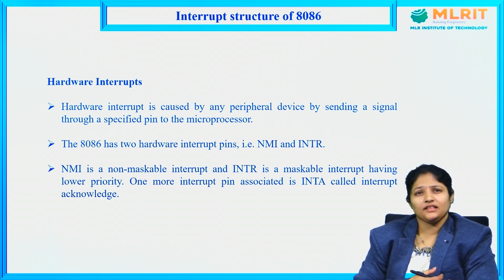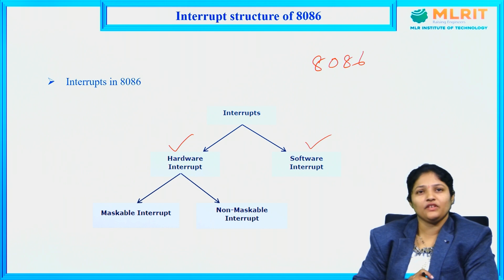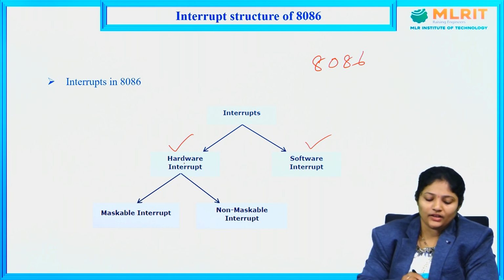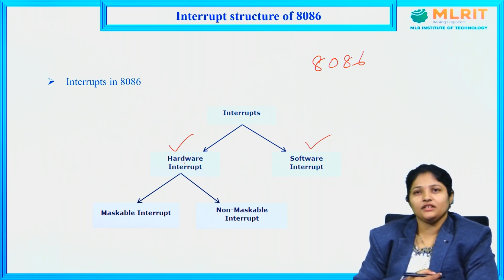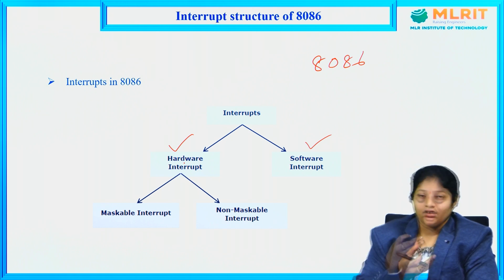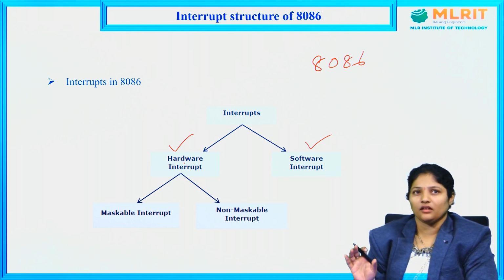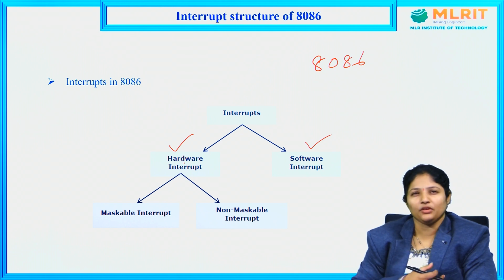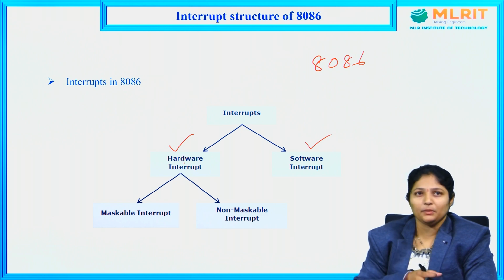If they cause an interrupt, it is considered a hardware interrupt. Software interrupts are instructions given to perform some sort of application, like to halt the program or to jump the program. Software interrupts are implemented by the programmer in the programs.